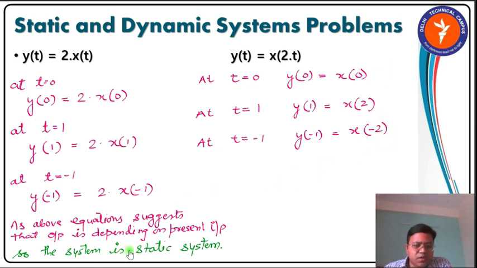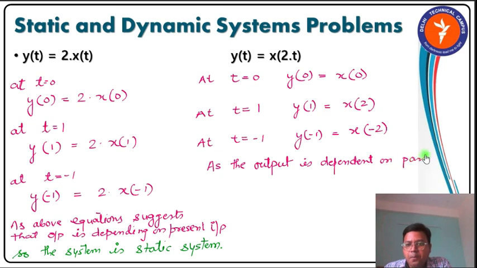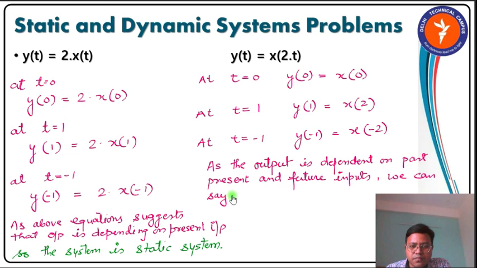So as the output is dependent on past, present and future inputs, we can say that the system is a dynamic system.